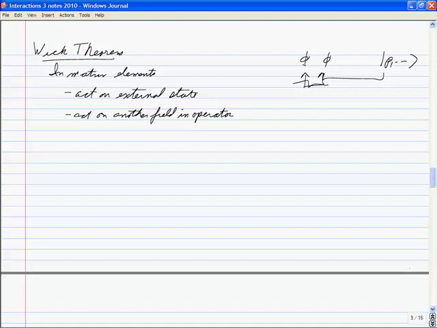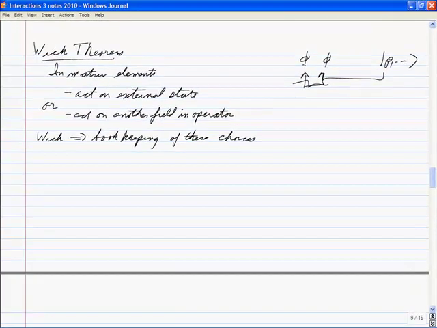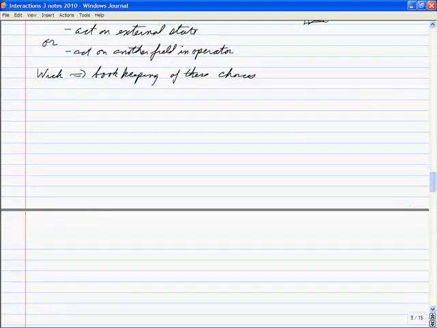Okay. So you have two choices. You either act on some external state, or you act on the other fields. So there's an or there. You can't do both. You've got an operator. And Wick's theorem is just the bookkeeping of this. Okay, so what we have to do is tell you how to do this bookkeeping. The answer is, in the end, pretty simple.